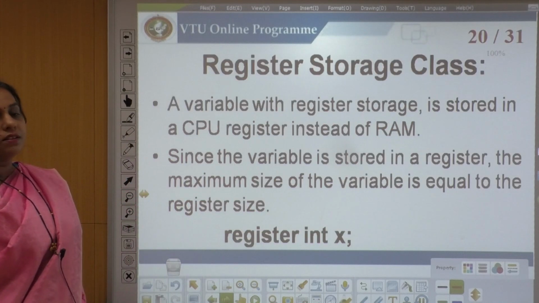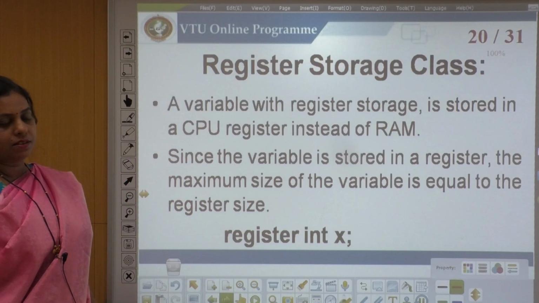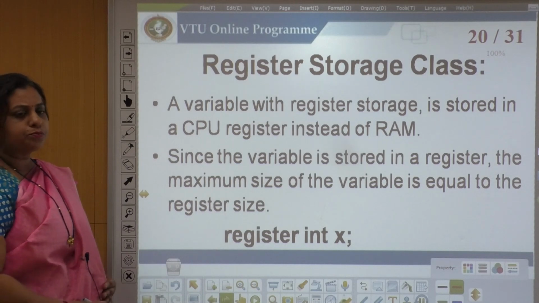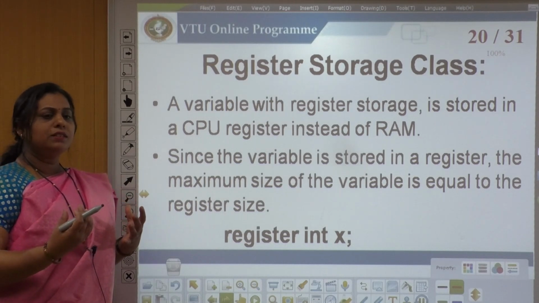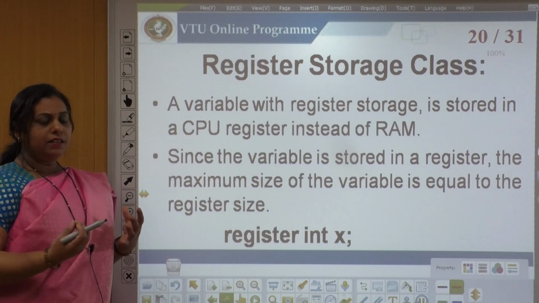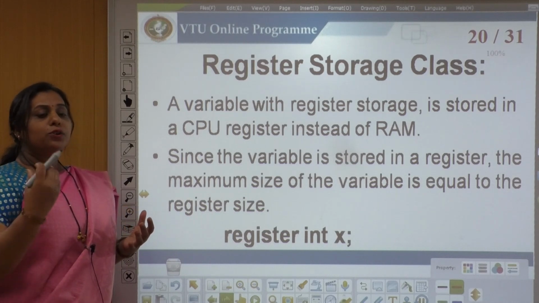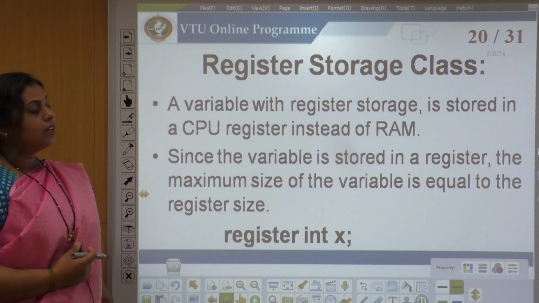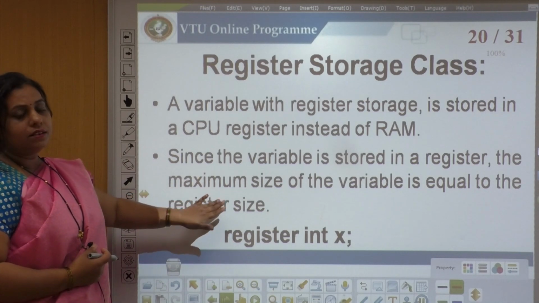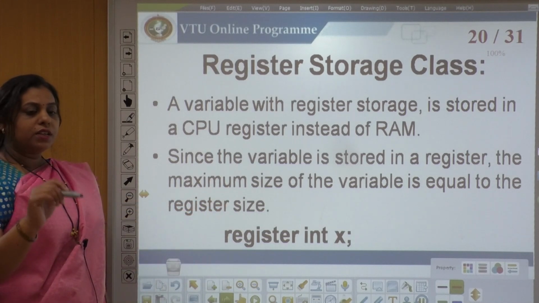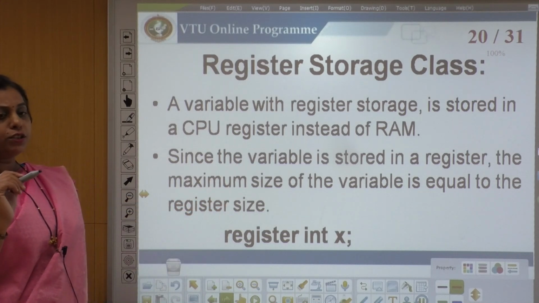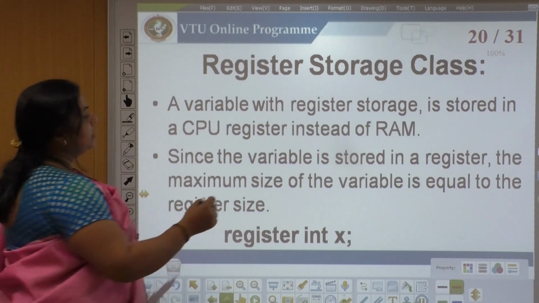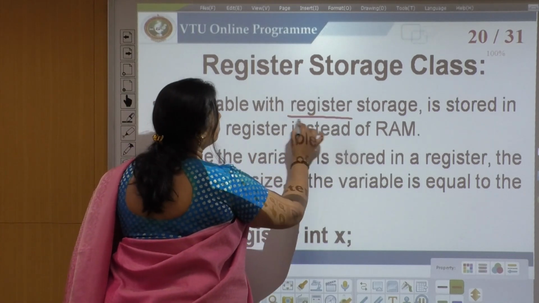The next one is the register storage class, right. Here, whenever variables are created, they will be allocated whichever space is free, right. But here you are insisting the compiler to give the location to store a variable in the register only, right.